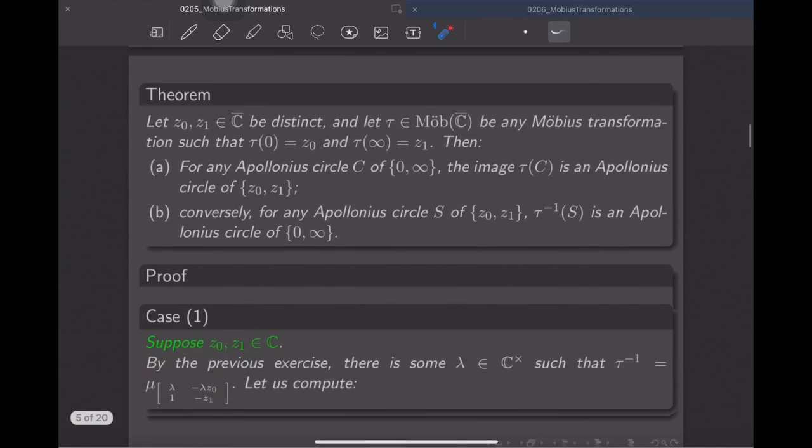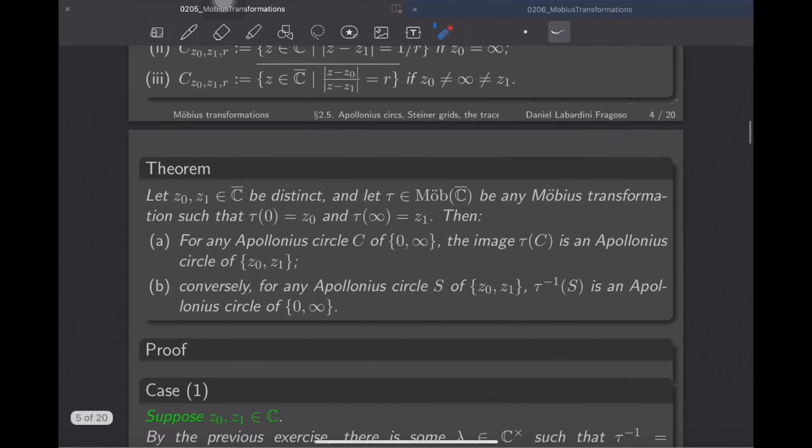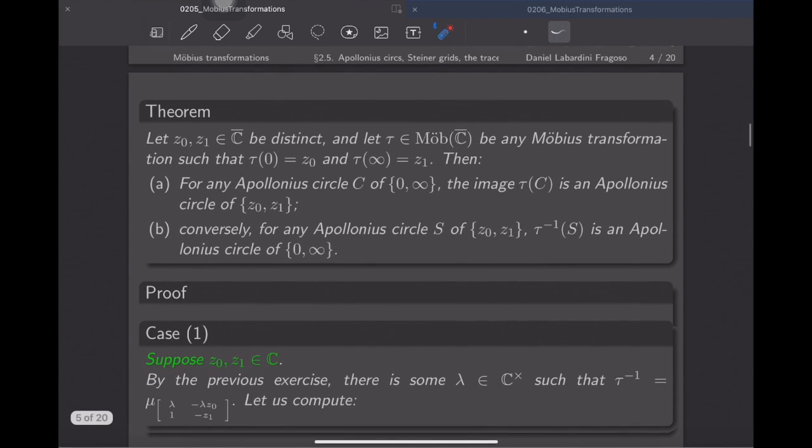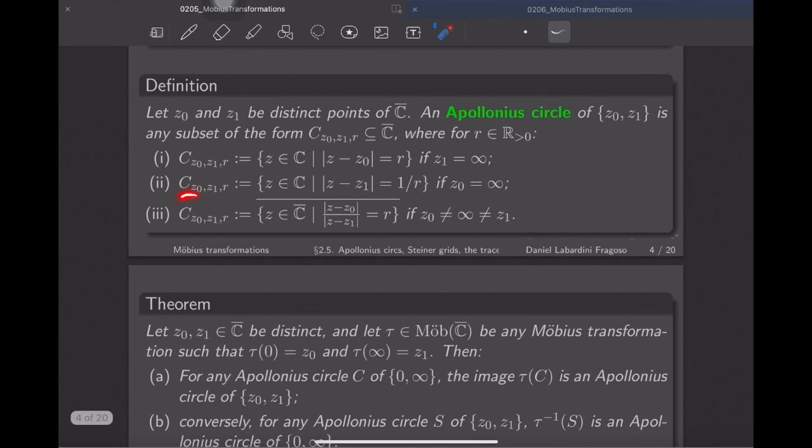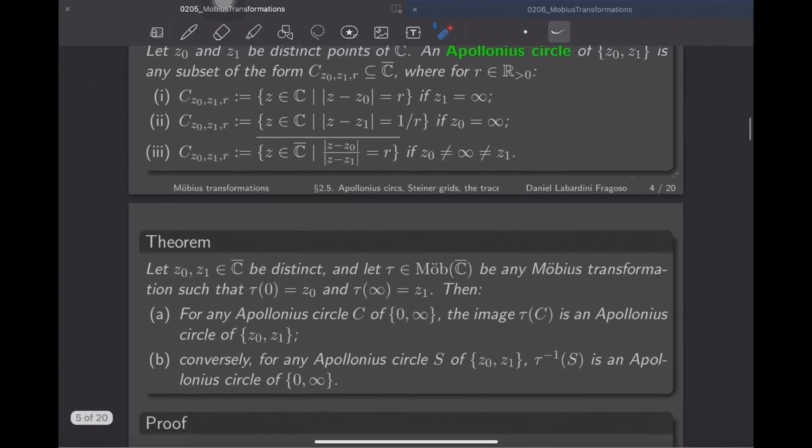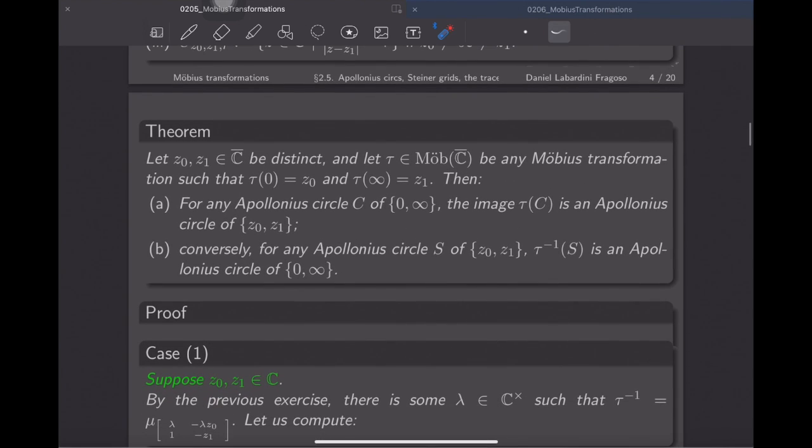Okay, and then the first thing I want to show is that these are indeed circles in C bar. To do that, I take any two distinct points, and then I take the inverse of a Möbius transformation that puts both in convenient locations. The inverse of tau here sends z0 to 0 and z1 to infinity.